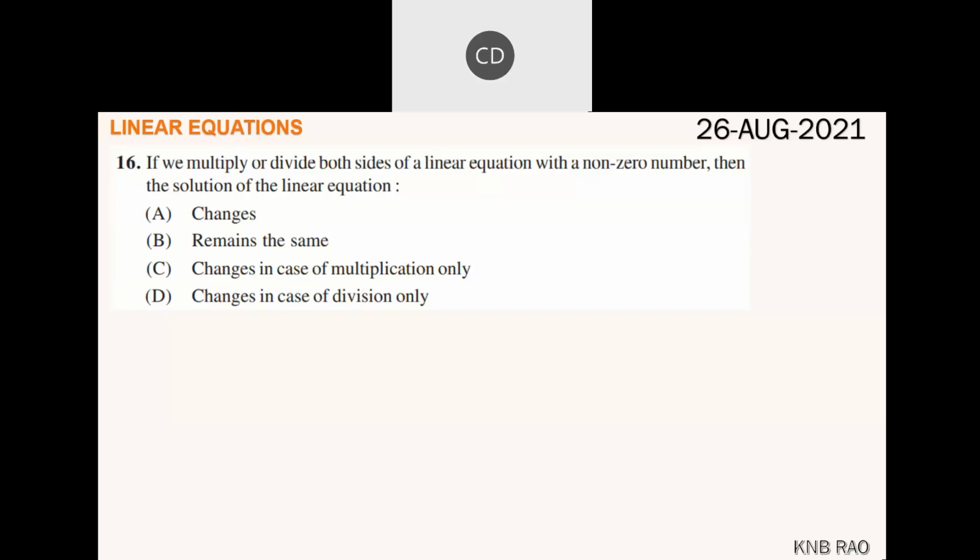For example, if you have 2x plus 3 equals 5, and you multiply both sides by a non-zero number, the equation remains the same. When you are multiplying by a non-zero number only, remember that.